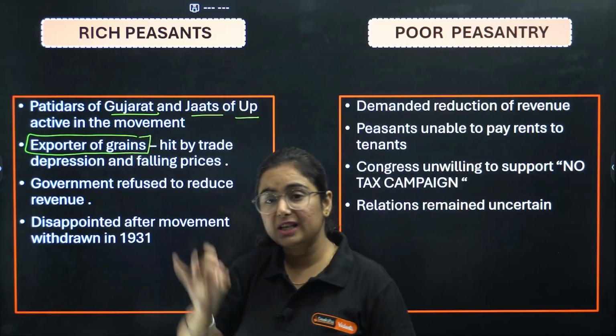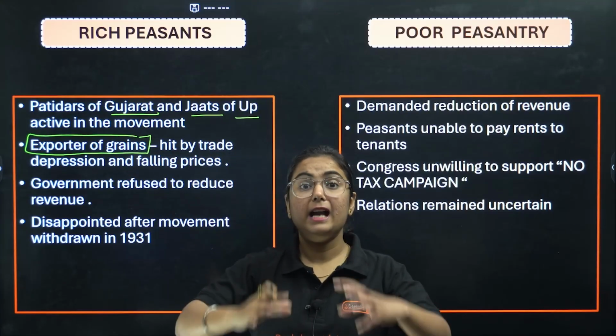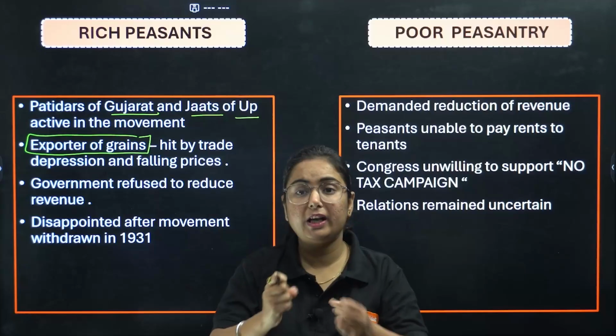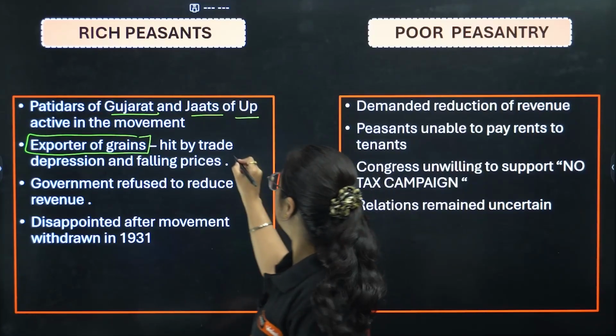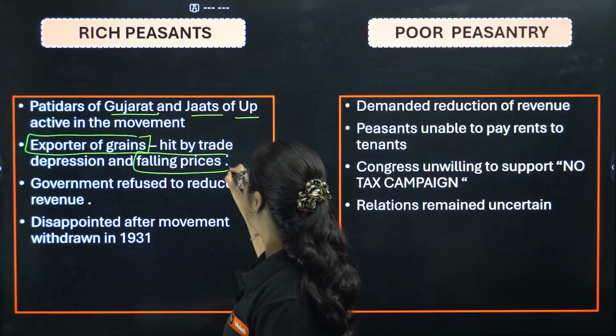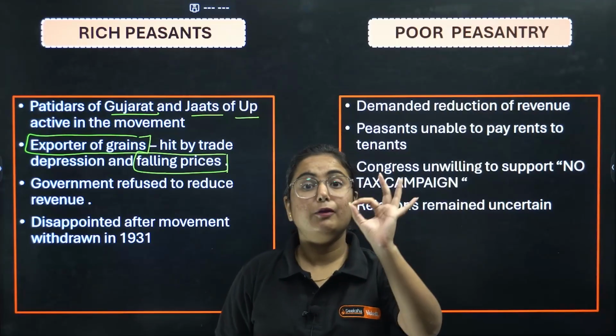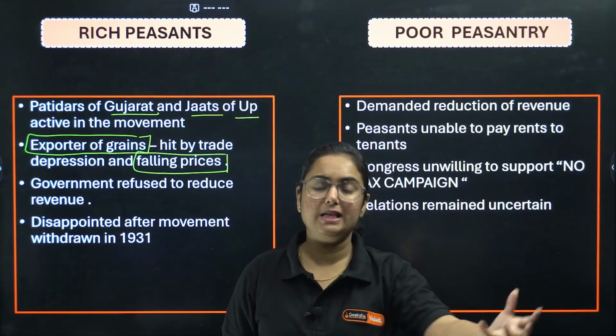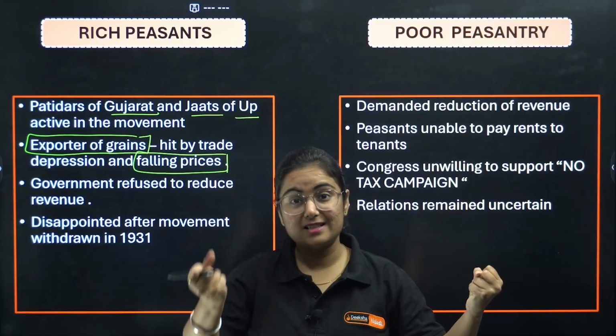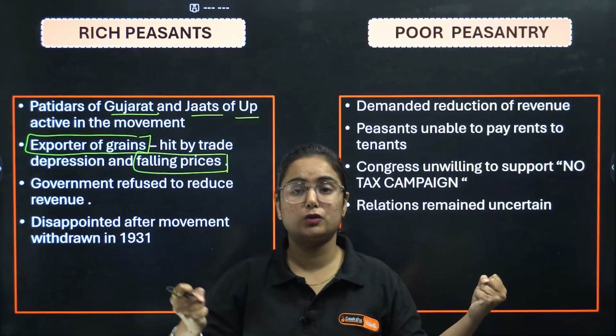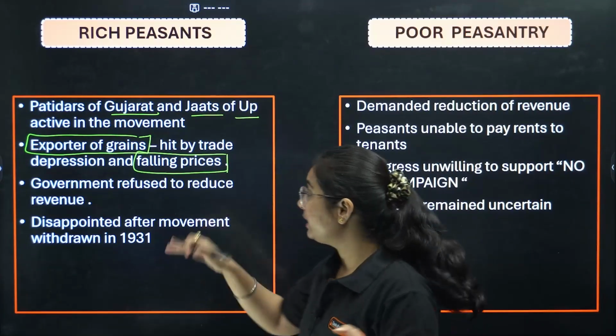Look, they were the major exporters of grain, and when the world was facing a worldwide economic depression, it led to falling prices of their commodities. The most important thing was that they were the producers of grains and many other commodities. When the prices declined, their income also declined. Got my point? Now what happened?